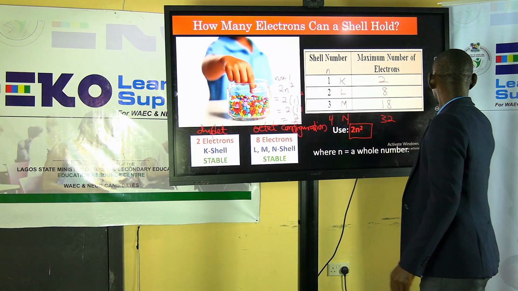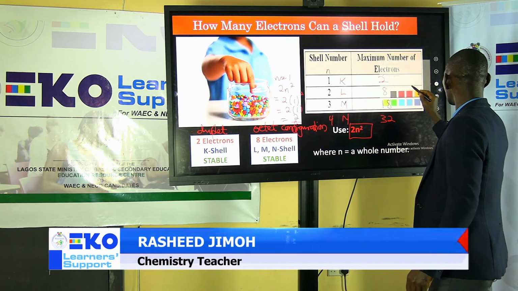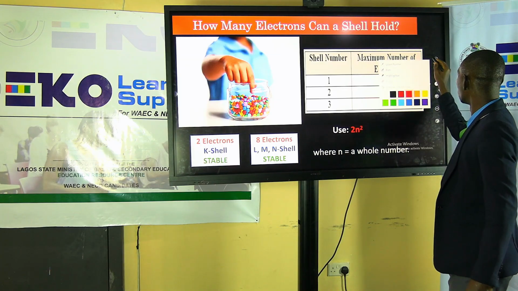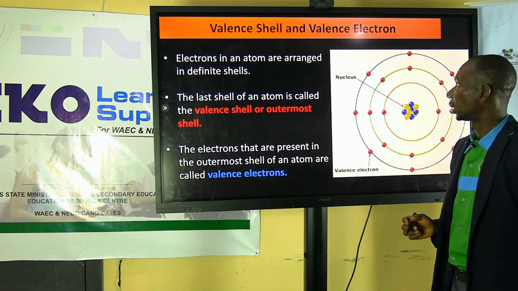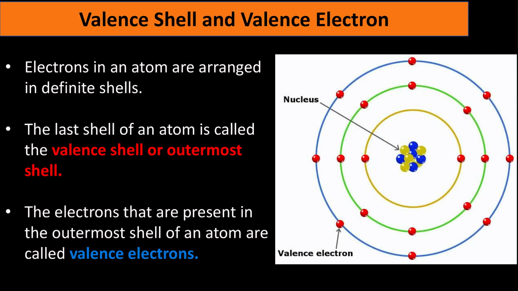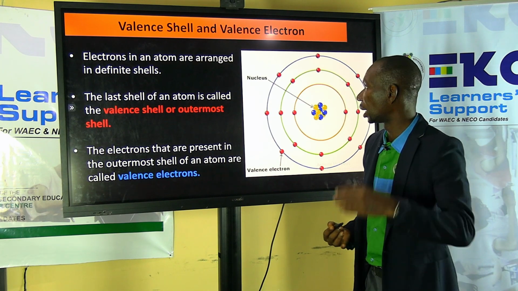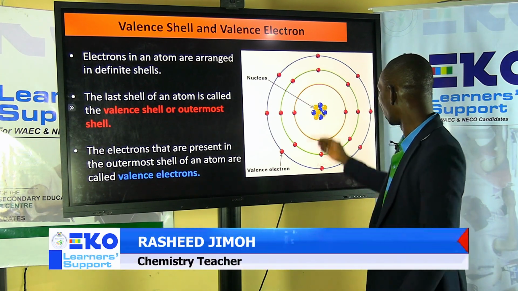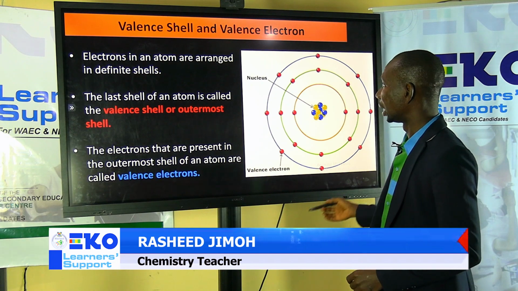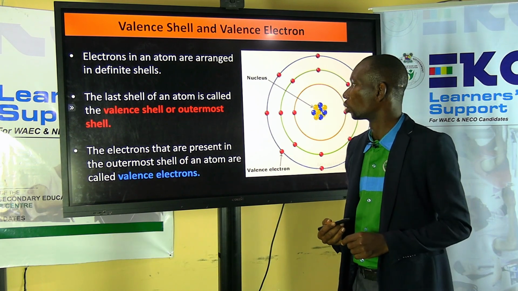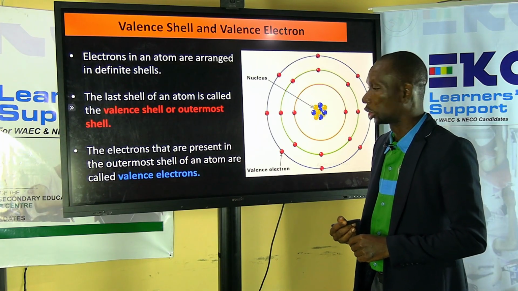Let's erase what is on the screen, and then move to the next slide. Very good. Then valence shell and valence electrons. Electrons in an atom are arranged in definite shells. We have already looked at that. The K shell, the L shell, the M shell, the N shell, and all of that are indicated here. The last shell of an atom is what we refer to as the valence shell.